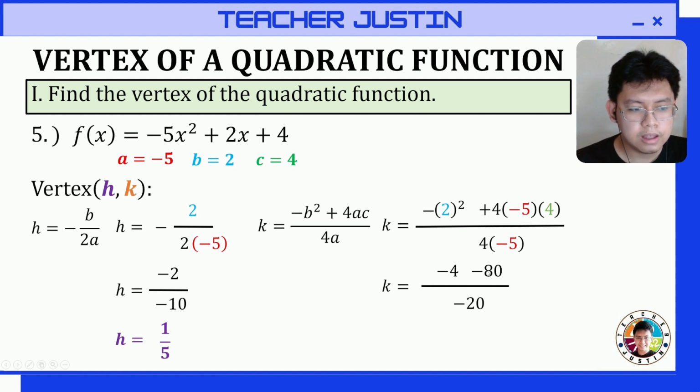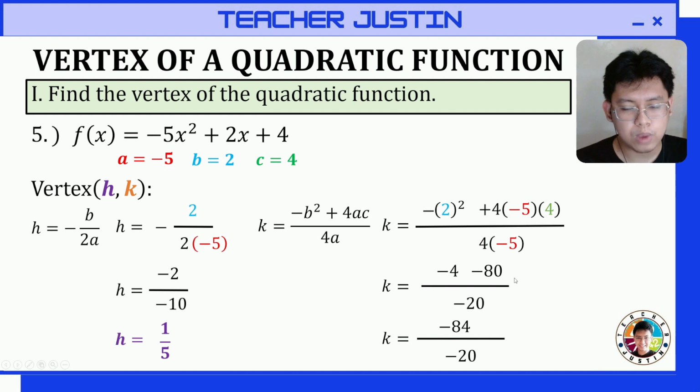Negative 4 minus 80, that will be negative 84 over negative 20. Now, let's try to simplify our fraction by dividing both numerator and denominator by their common factor, which is negative 4. So, that will give us the value of k, which is 21 over 5.